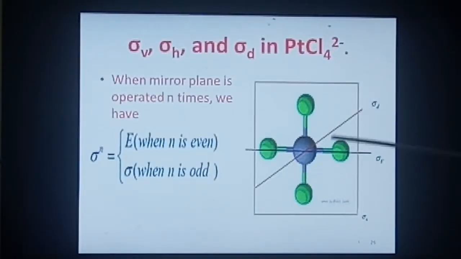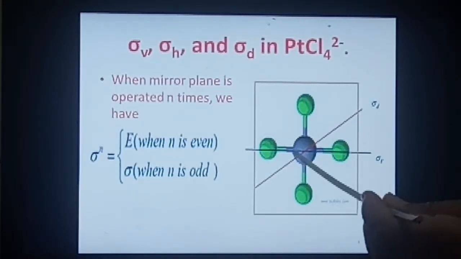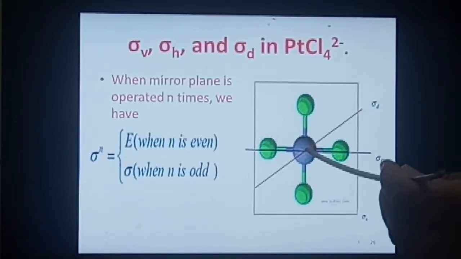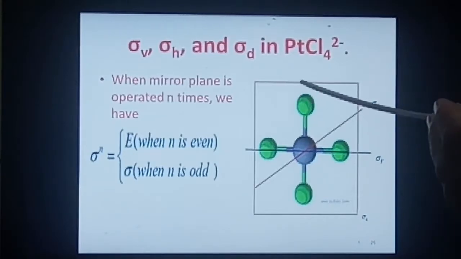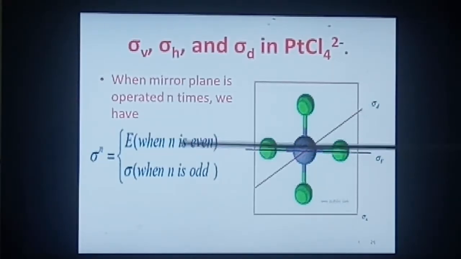So we will explain all three planes in this molecule. There are two types of axes of rotation. First is this, passing through this platinum atom, and one C2 is this, and another C2 is this. So there are two axes of rotation.